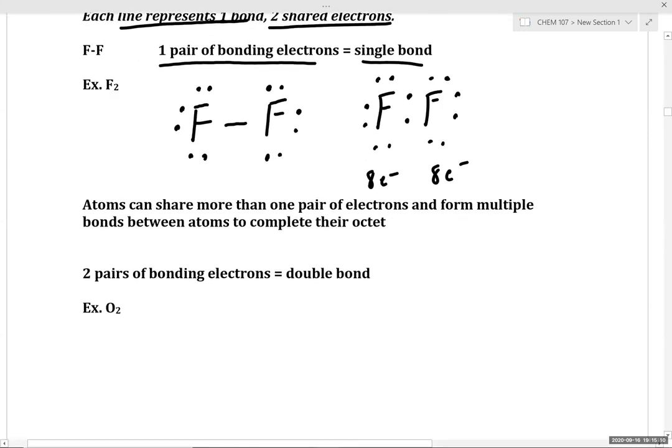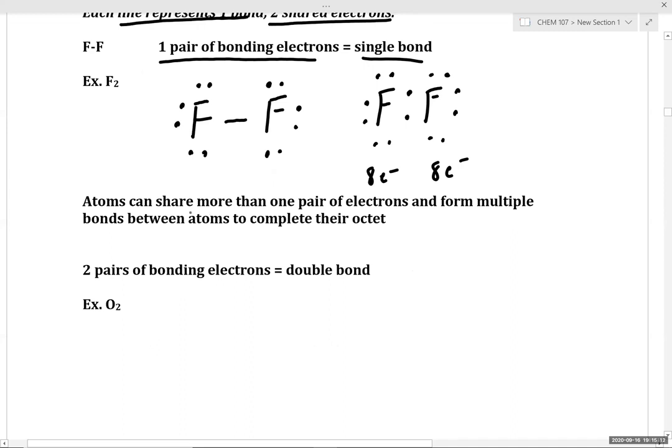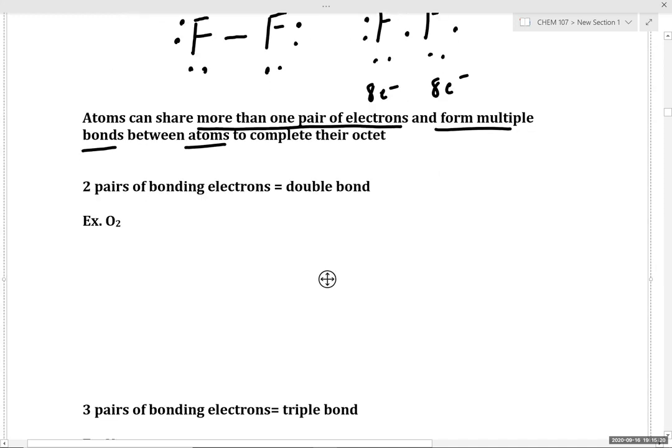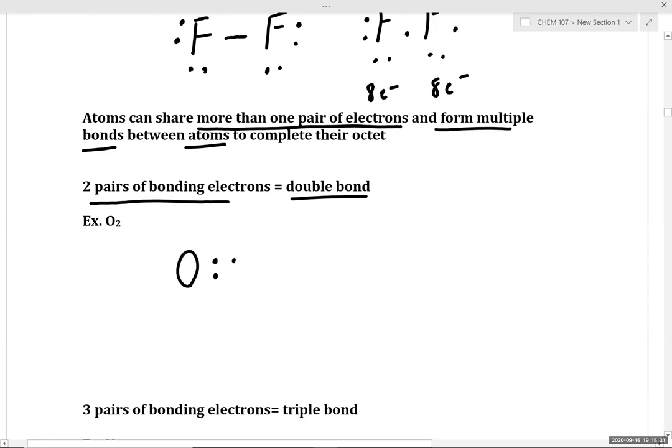So what's important to note is that atoms can share more than 1 pair of electrons and form multiple bonds between atoms to complete their octet. 2 pairs of bonding electrons indicates what's known as a double bond. So in O2, we are sharing 2 sets of electrons.